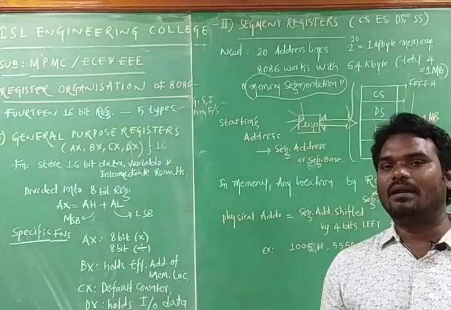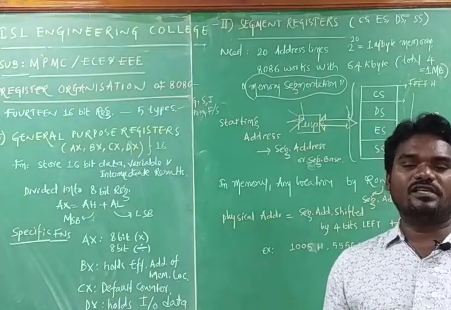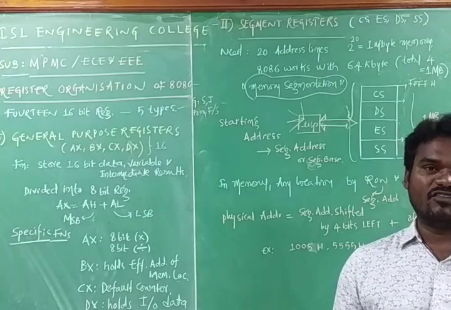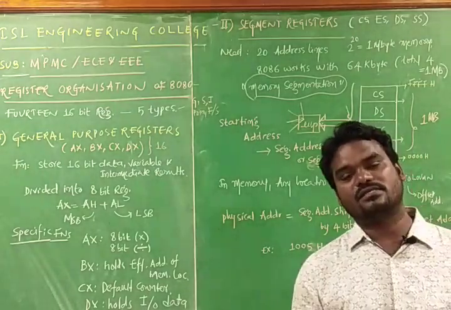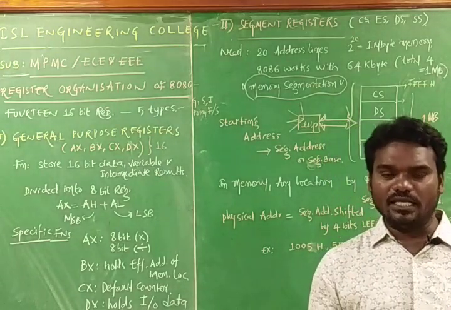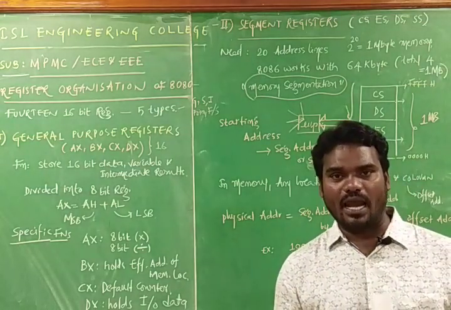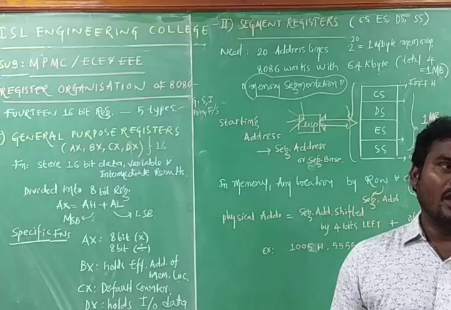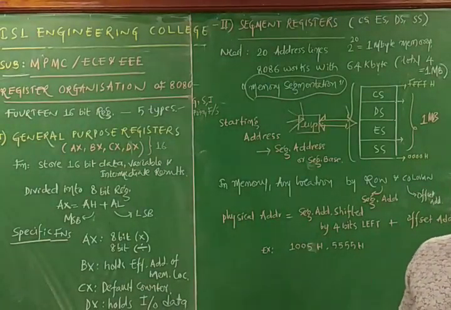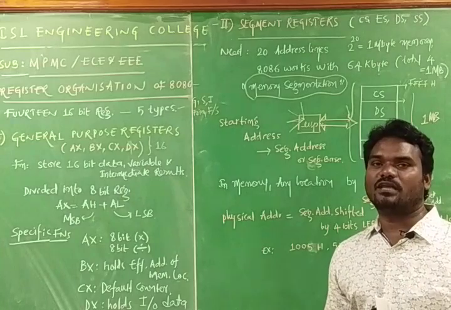By using 20-bit address lines, it can interface a maximum of 1 megabyte of memory, but in a given time the microprocessor cannot access the whole 1 megabyte. It can access only 64 kilobytes in the given time, and if we divide the total 1 megabyte of memory into 64 kilobyte parts, this is named memory segmentation.